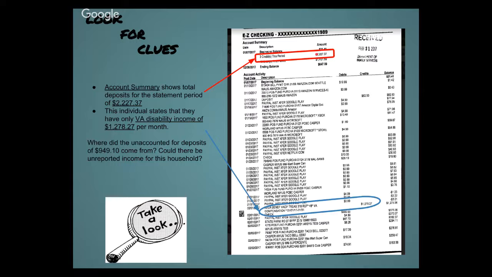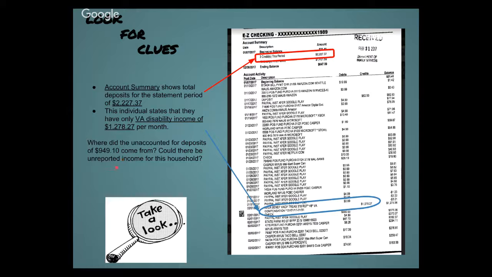So the difference between the deposits in that month and the income that we have verified is $949.10. So where did that money come from? This is just something where we need to be looking at those numbers and saying, hey, something isn't adding up quite right.